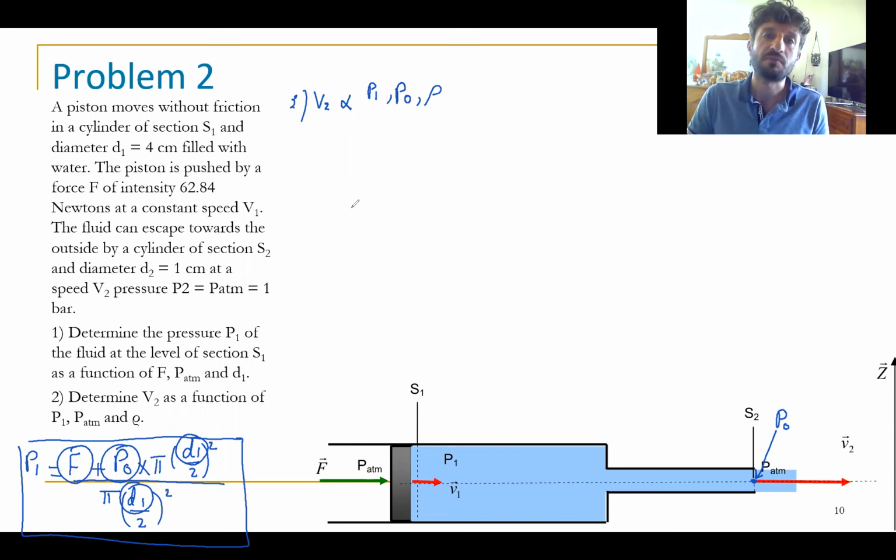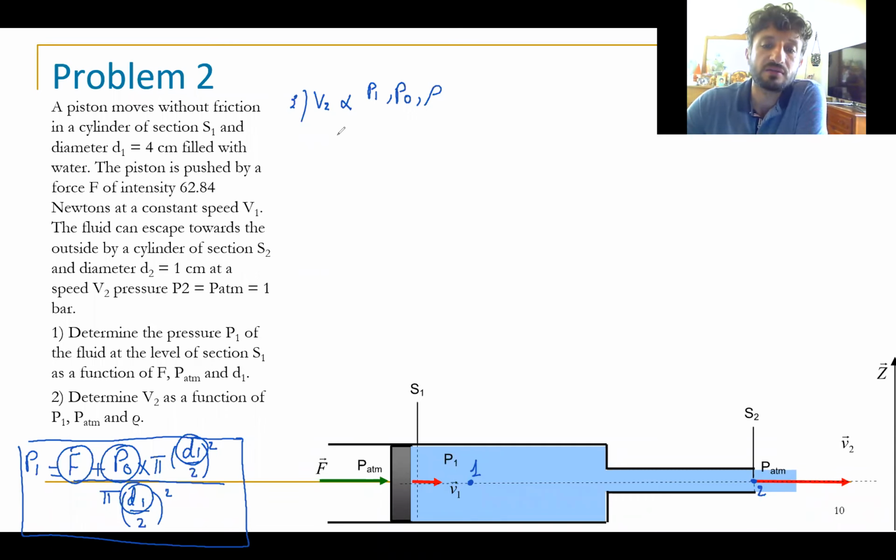By the continuity equation, we can put V1 in terms of V2 and reduce the unknowns. I need to calculate V2. We choose point 1 here and point 2 at the outlet.